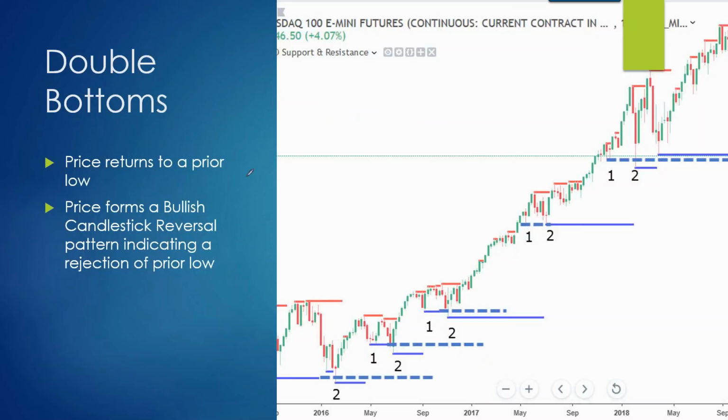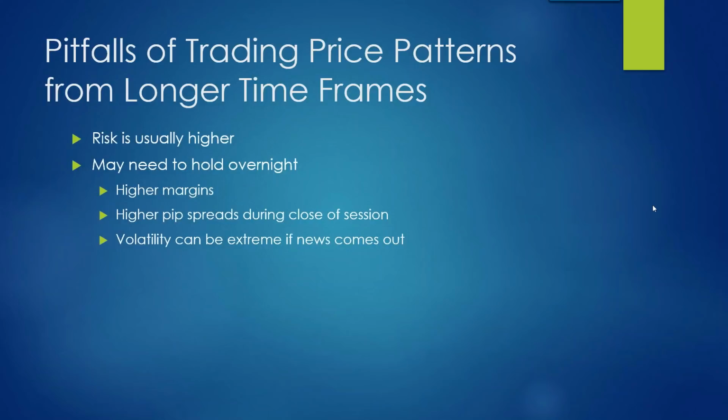Now, what are some of the pitfalls of trading these price patterns? There's pitfalls to everything, and price patterns is no exception. Typically, your risk is going to be higher when you're trading the price patterns. You also have to hold overnight. If you're holding overnight and you're trading futures or forex, you're going to have a higher margin, number one.